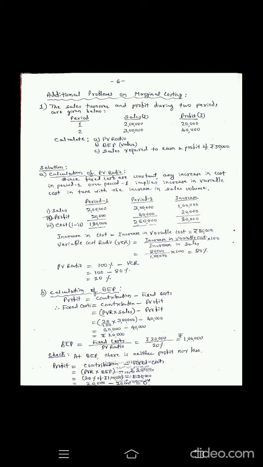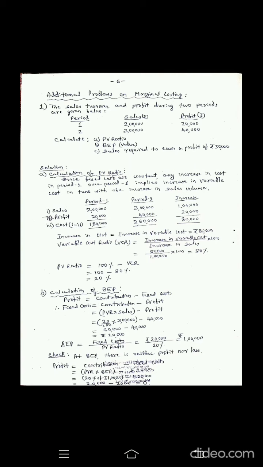Now, how to get contribution? PVR into sales will give us contribution. PVR already we have obtained, 20%. So, 20% of sales of period 2. Period 2 is taken, or period 1 may also be taken.